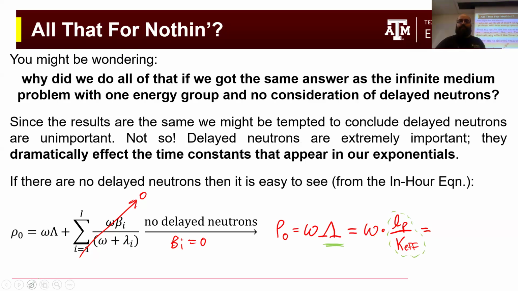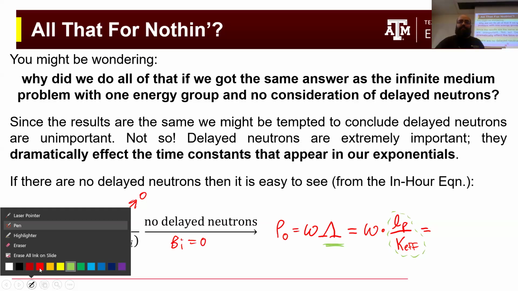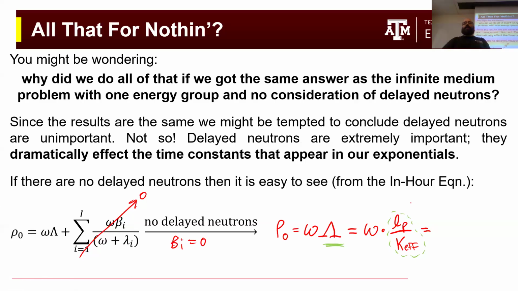And if that's the case, we can also rewrite the reactivity insertion, because by definition, reactivity can be related to k effective too, right? Reactivity is k effective minus 1 over k effective. That's the definition of reactivity.